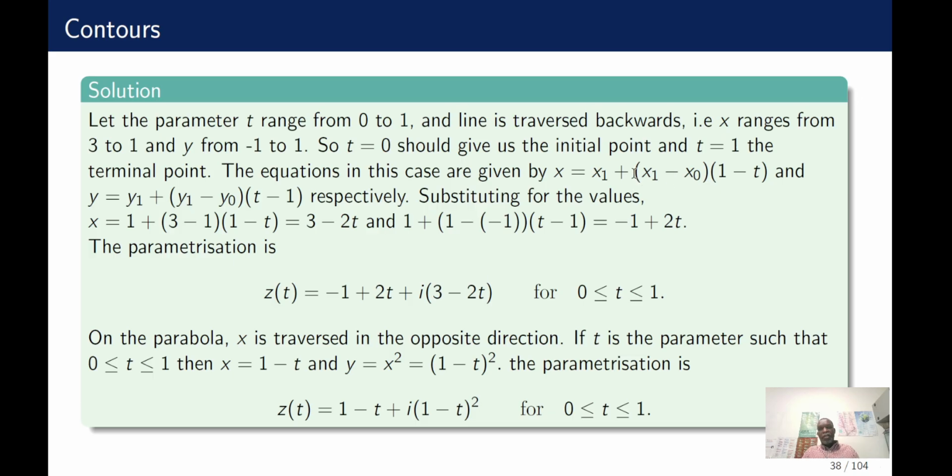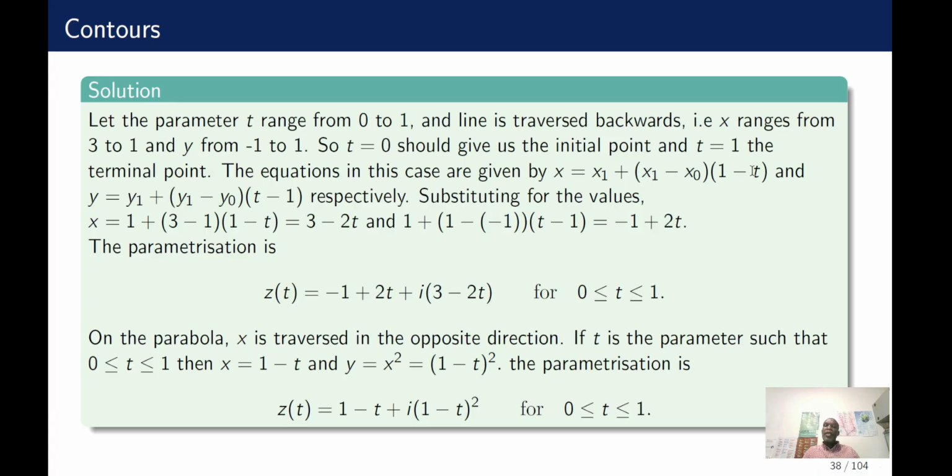You look at the difference between the two points, and the parameter is this. You can parameterize it by t, but this one is going backwards. That's why we have 1 minus t. Now this will take care of the initial point and the fact that you are going backwards.